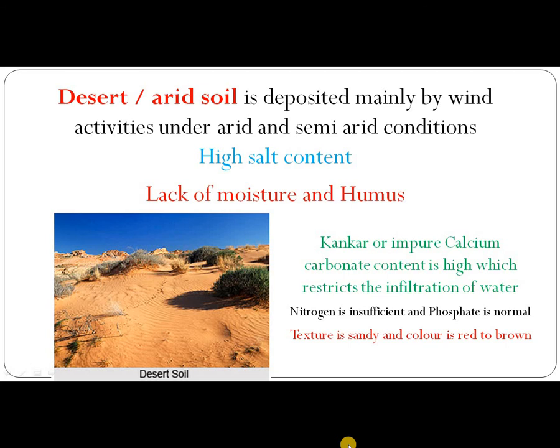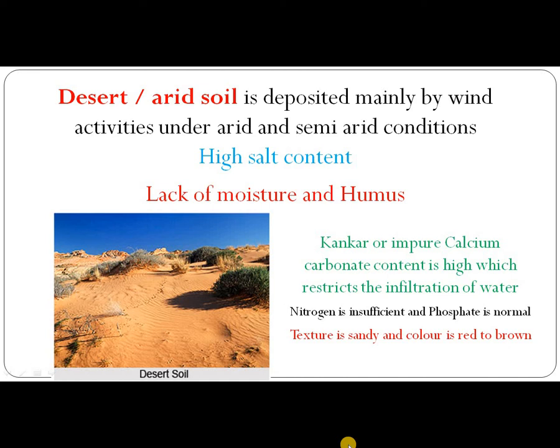Desert soil, also known as arid soil, is deposited mainly by wind activity in arid and semi-arid conditions. This desert soil consists of high salt, and lacks moisture and humus.